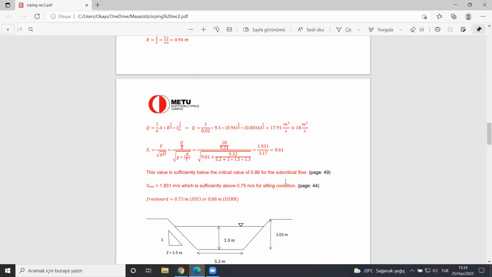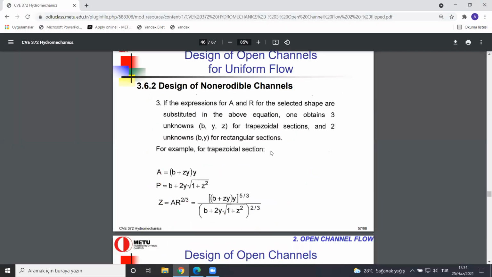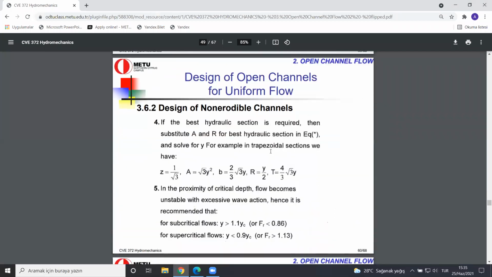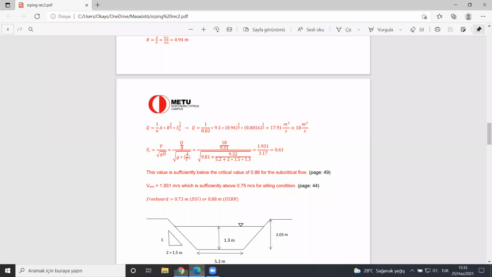What are those? First of all, we need to check the Froude number, and then we need to check the velocity. For the Froude number, if you look at page 49 this time, it says if our flow is subcritical, our Froude number should be less than 0.86. If it is supercritical, it should be more than 1.13. So let's calculate our Froude number. The equation is velocity divided by the square root of g times d. What is d?